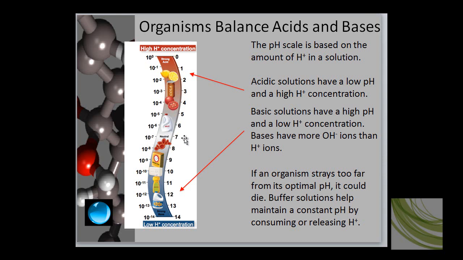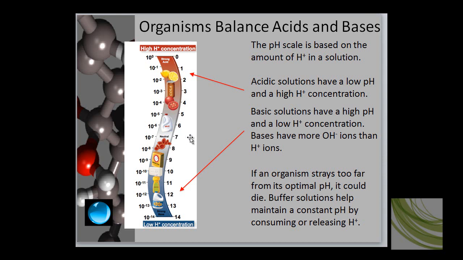7 is true neutral. 7 means it is neither acidic nor basic or alkaline. It's just neutral. But you go above 7, like to 8, that's going to be 10 times more alkaline than 7. 8 and 9. 9 is 10 times more alkaline than 8. Now this is where it gets tricky. This is a scale, and each step on the scale is a multiple of 10.